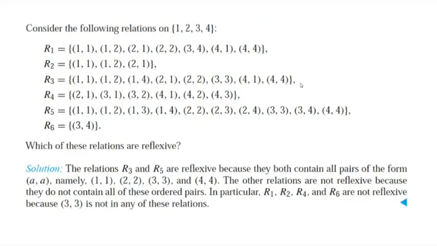The relations R3 and R5 are reflexive because they both contain all pairs of the form (a, a), namely (1,1), (2,2), (3,3), and (4,4). The other relations are not reflexive because they do not contain all these ordered pairs. In particular, R1, R2, R4, R6 are not reflexive.